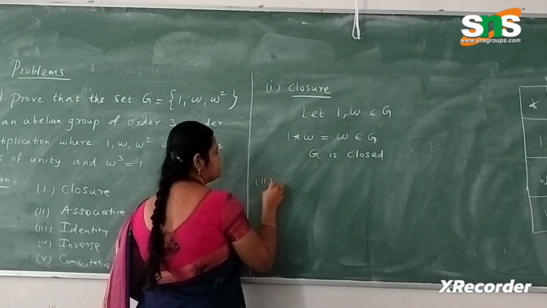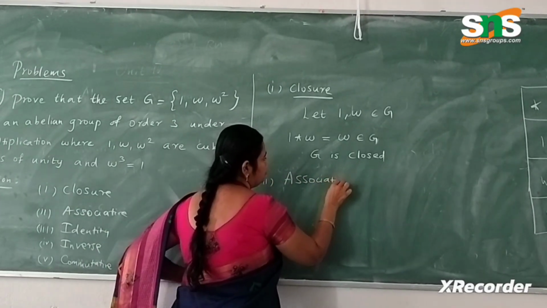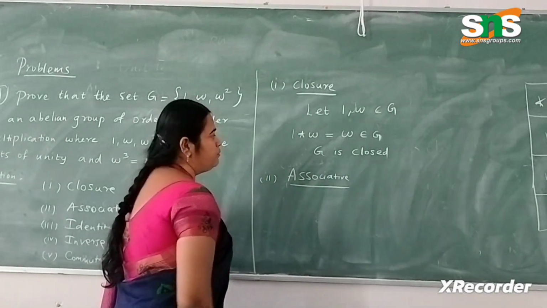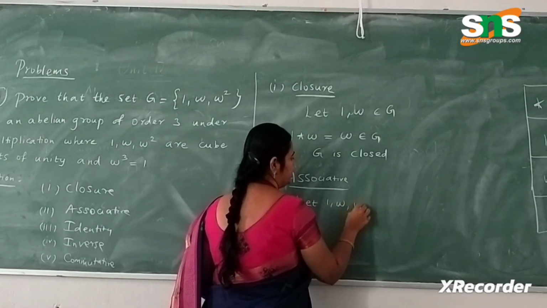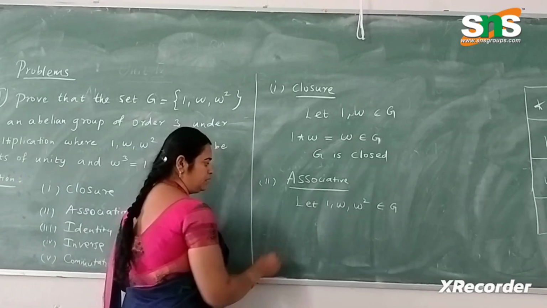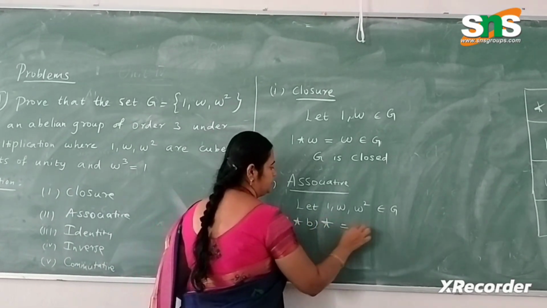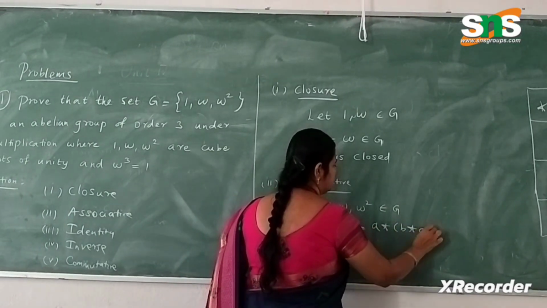The second condition is associative. For proving the associative law, you have to take 3 elements. We have only 3 elements, so let us take all of them. Let 1, omega, omega square belong to G. What is our associative law? (A star B) star C equals A star (B star C).